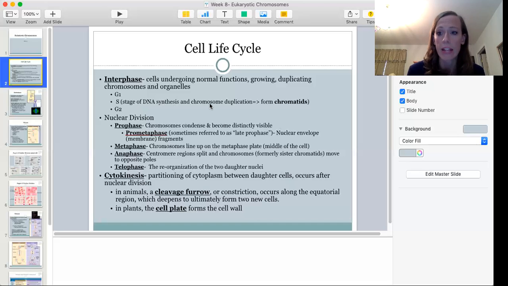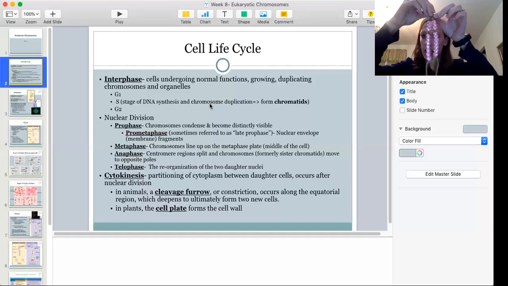And DNA synthesis and chromosome duplication takes place during the S stage of interphase. When a chromosome replicates, when all that genetic material is duplicated, then we have what we call its sister chromatid.